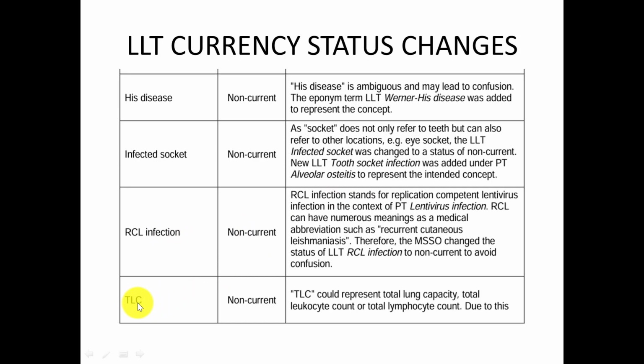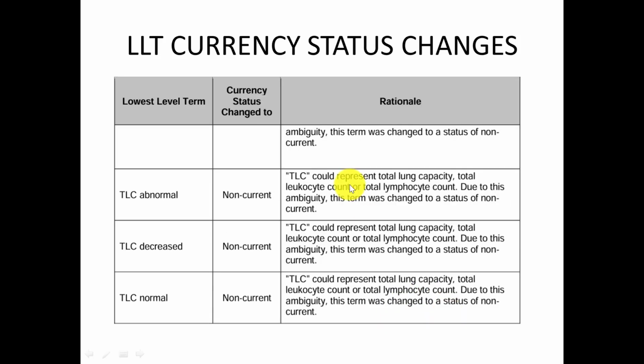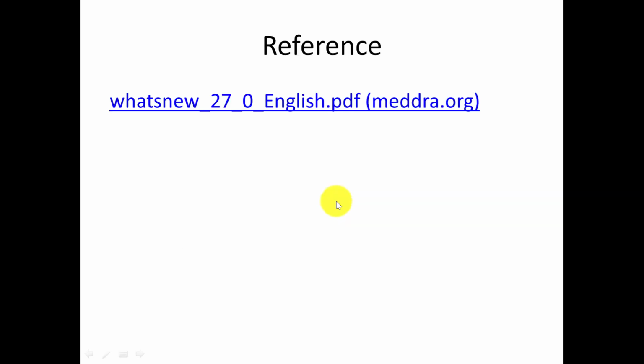The same applies to TLC also. TLC can be total lung capacity, total leukocyte count, or total lymphocyte count. Due to this ambiguity, the term has been changed, and the same with TLC abnormal, TLC decreased, TLC normal, and all these were changed to non-current terms only due to ambiguity.